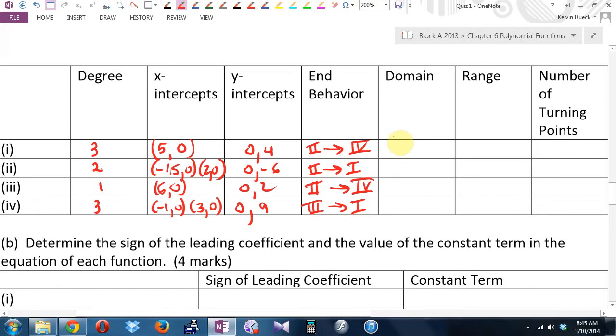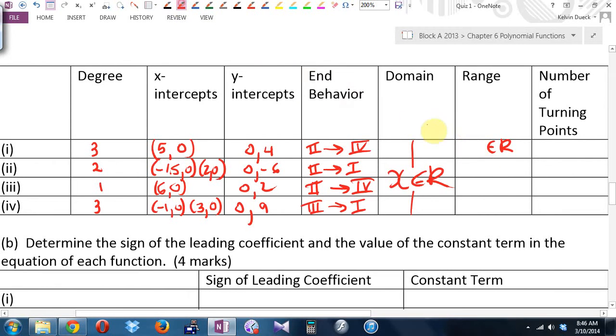Domain. All reals for all of them. Domain's kind of boring. Range, a little more interesting. The first one, all reals. Shouldn't it be y? Thank you.